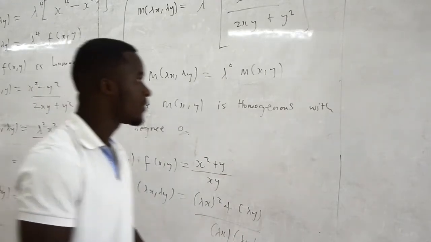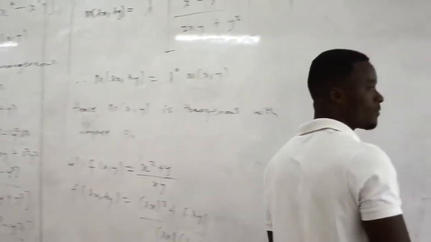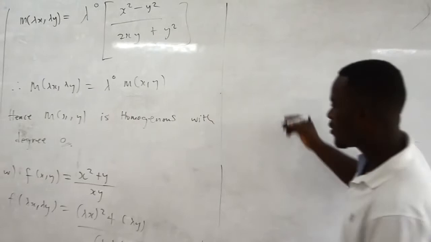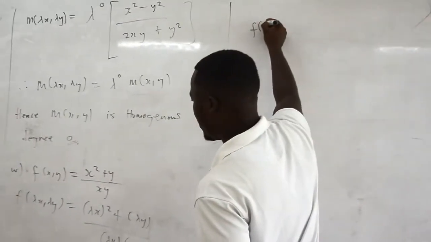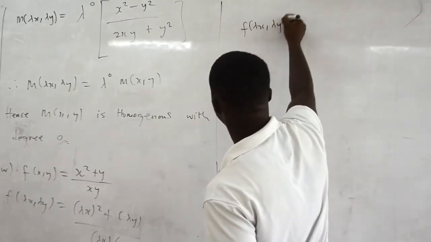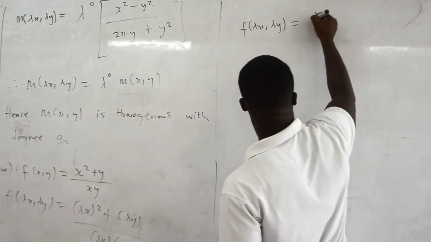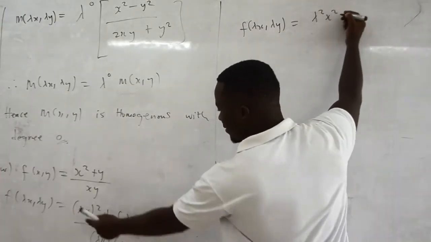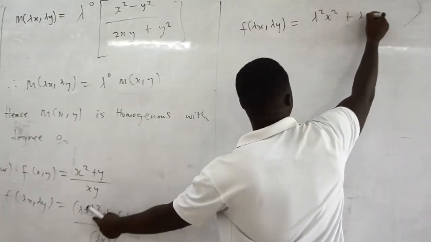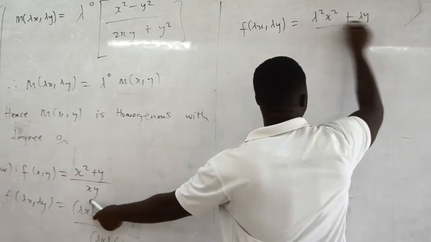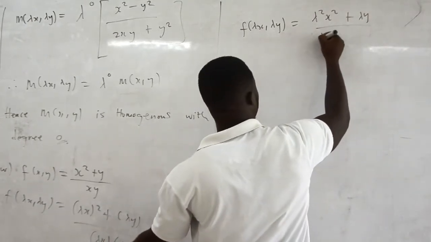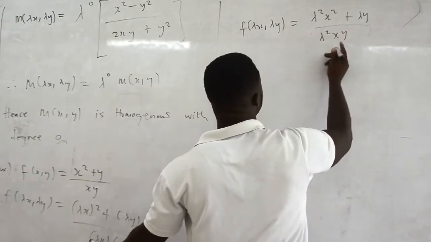So here we will have f of lambda x, lambda y equal to lambda squared x squared, that's this side, plus lambda y, all over lambda squared x y.